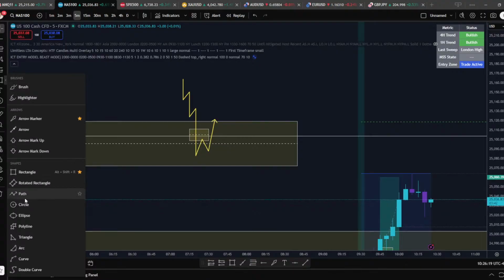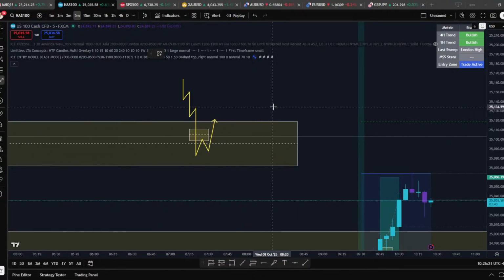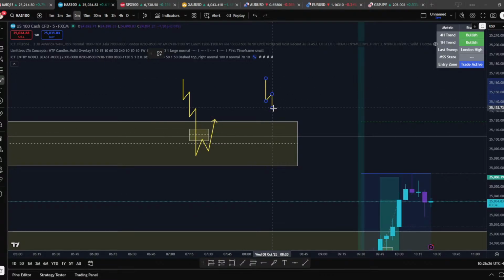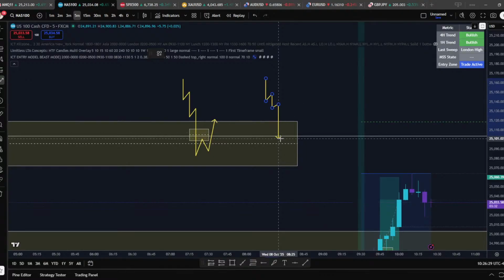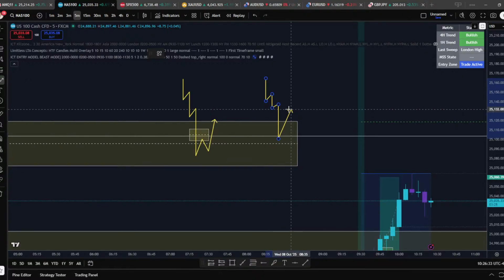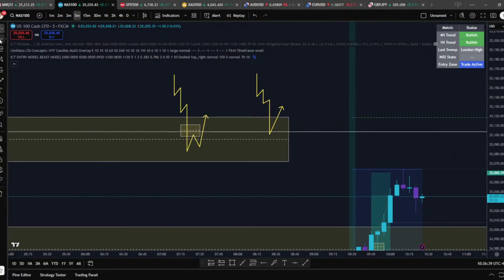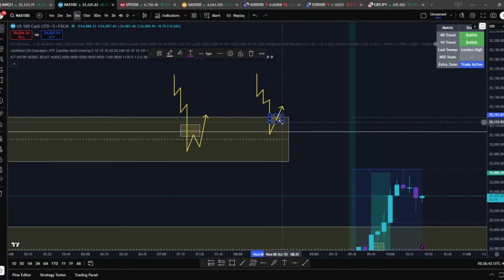So let's say ES is up here, okay? So ES came down like this, it did this, and it just went like this, there, okay? And there, right? Fair value gap, inverse, right?